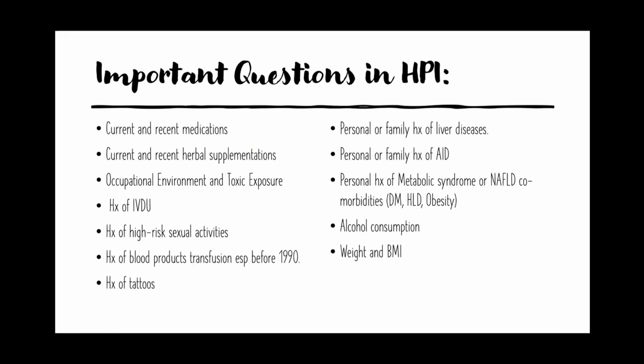For each patient with abnormal liver function, you need to ask about current or recent medications, current or recent herbal supplementation, occupational or environmental toxic exposure, history of IV drug use, history of high-risk sexual activity, history of blood transfusion, especially before 1990, and history of tattoos. Also ask about personal and family history of liver disease, personal and family history of autoimmune disease, history of metabolic syndrome, alcohol consumption, weight, and BMI.